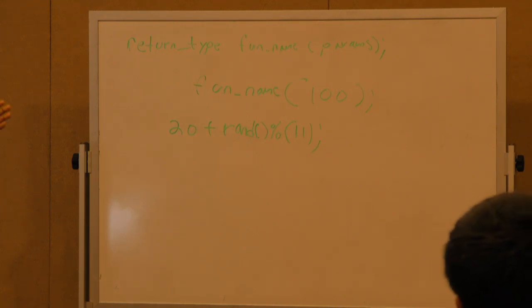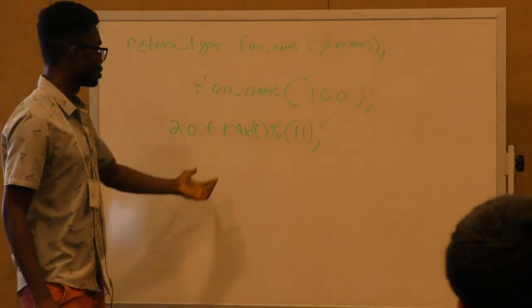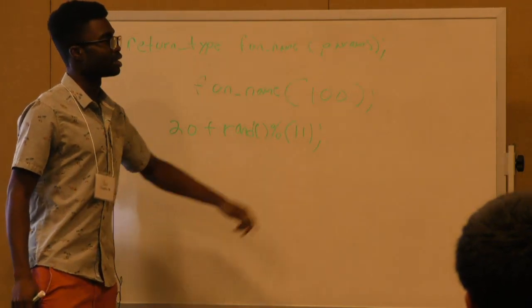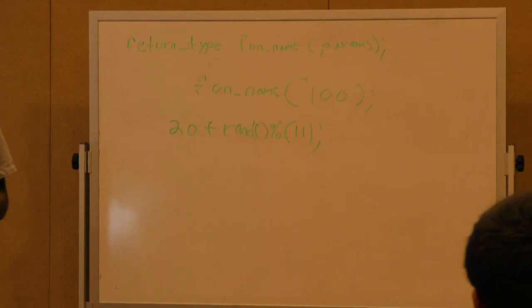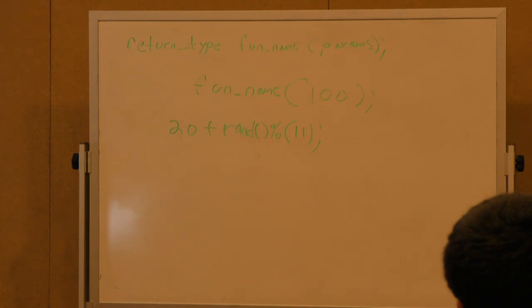So for example, for 11, the values that we could possibly get as a remainder is 0 through 10. That's useful to us because if we were to take a random value, 0 to 10, and add it to 20, ultimately we get a random value that's 20 to 30. Because we're either adding 0, we're either adding 1, all the way up to 10 to our 20. So that's the math behind this formula, why it works the way it does.